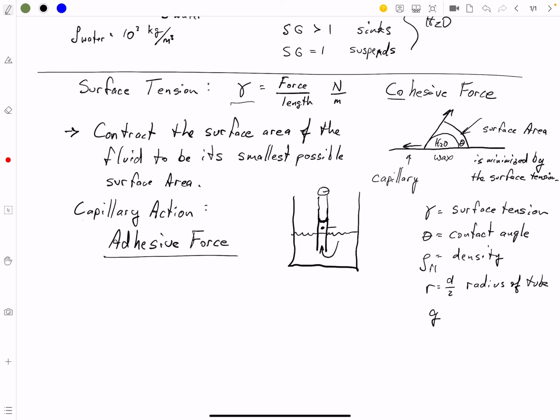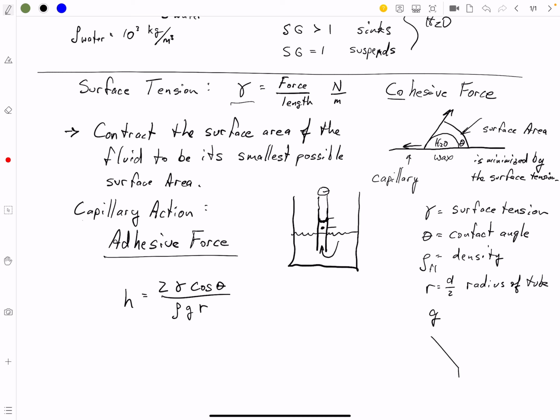So what we can say is that our capillary action will draw the fluid up into the pipette, because the adhesive force draws the fluid up. It will draw it a height of 2 gamma cosine theta over rho g r.